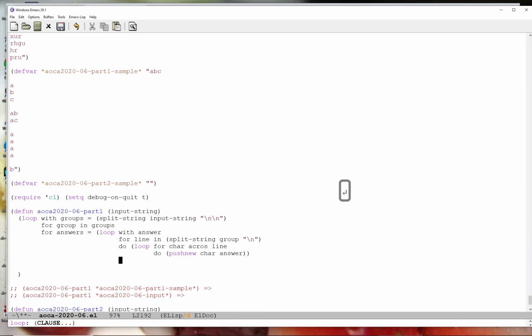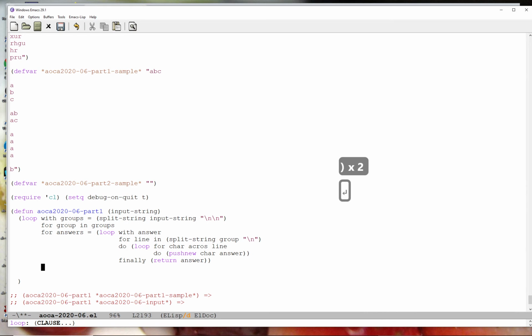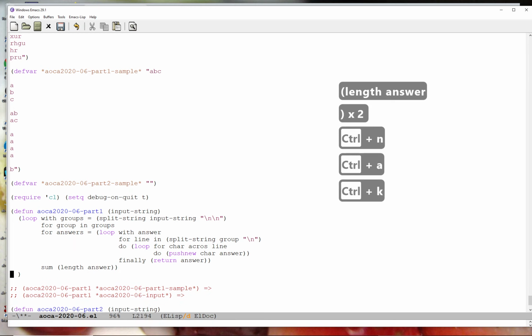And so the inner loop is going to add things to answer. And finally, from the outer loop, we're going to return answer. So we have to just sum the length of answers, I think. And that's it.